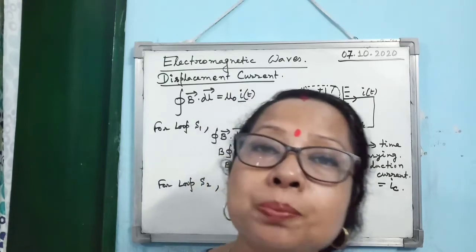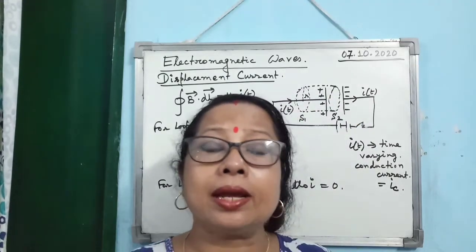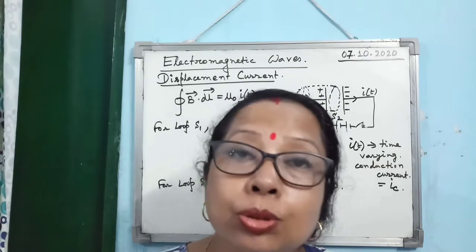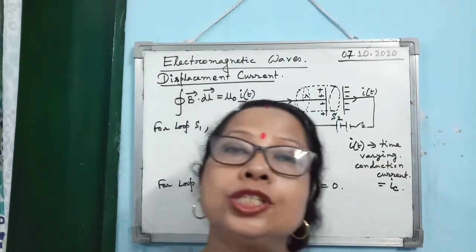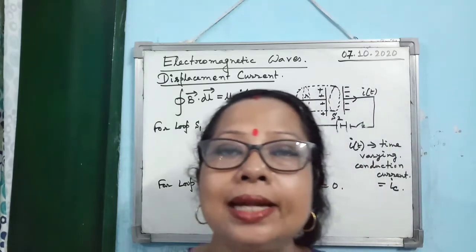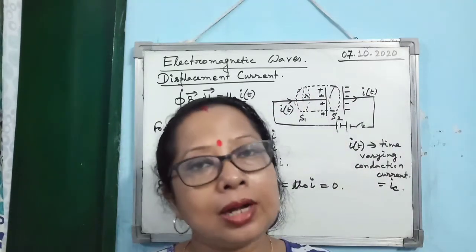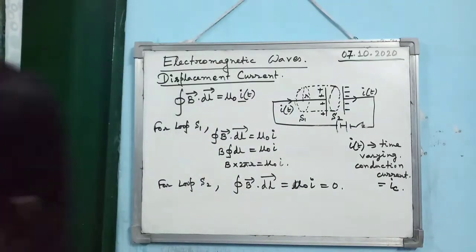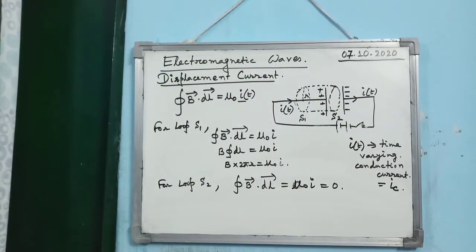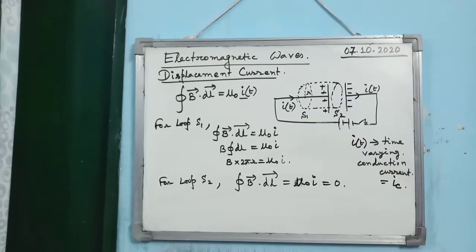Due to the time varying electric field, which in turn produces a magnetic field. So that is the concept of the displacement current as given by Maxwell.